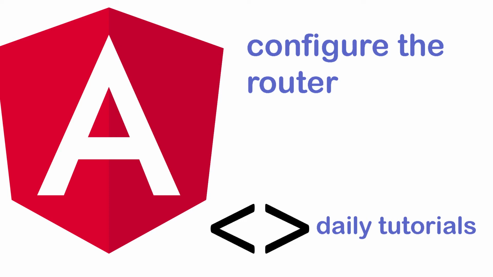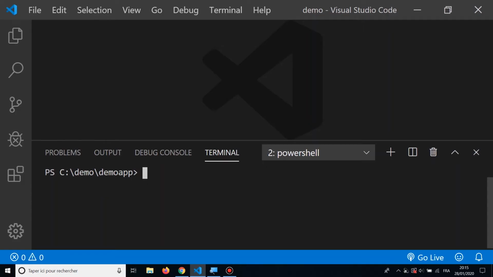So let's get started. First, if your project doesn't already include routing, you just have to open terminal and, using the Angular CLI, we're gonna start by ng generate module app-routing, and we're gonna use two flags.